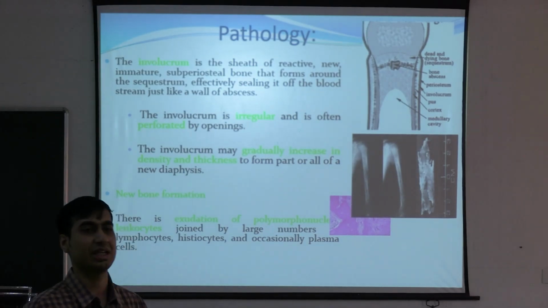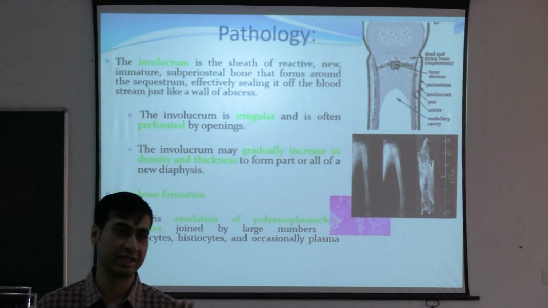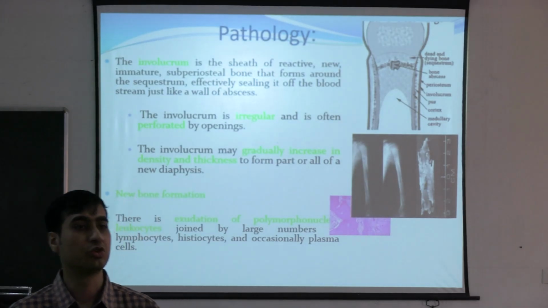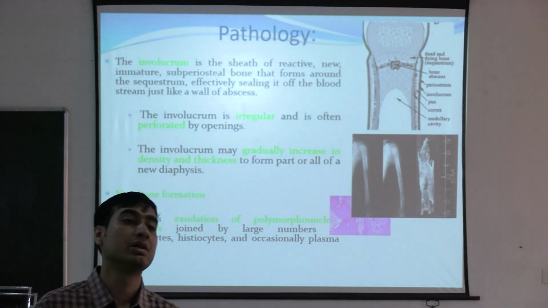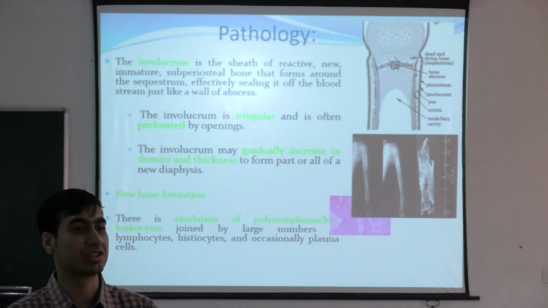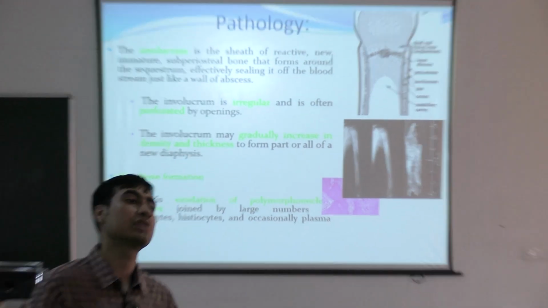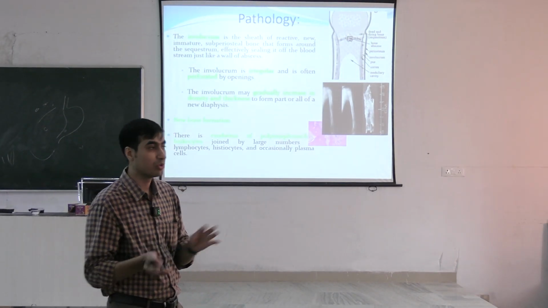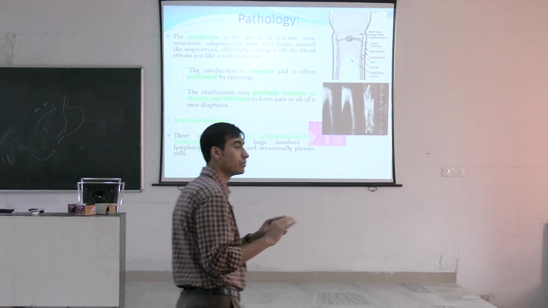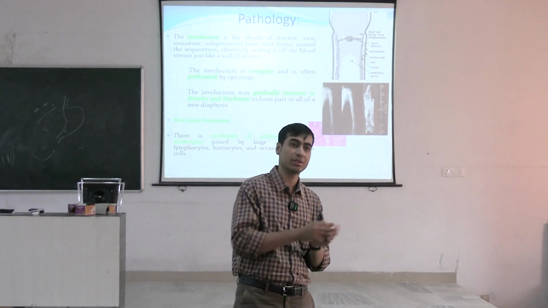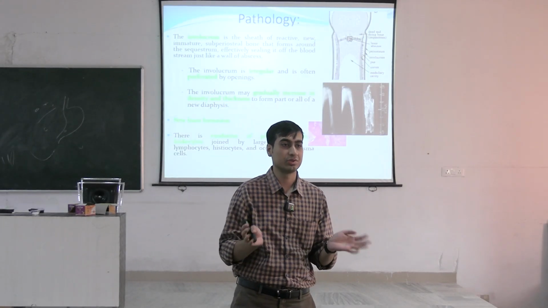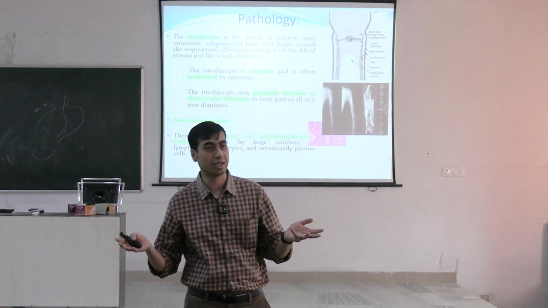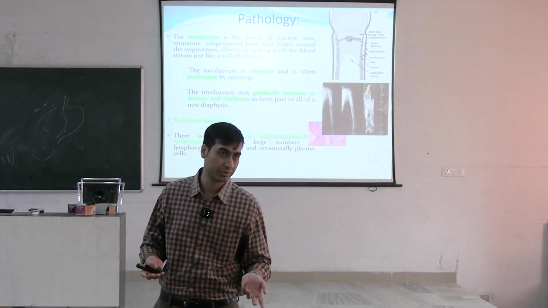But what you need to understand is that involucrum is a new bone produced from the periosteum to protect and shield, so that the infection from the sequestrum is not able to spread outside to the bone. This is the body's defense mechanism. So you always see sequestrum and involucrum together. Inside will be the sequestrum, and outside, just to protect it so that the infection doesn't spread to other parts of the bone, you have an involucrum.